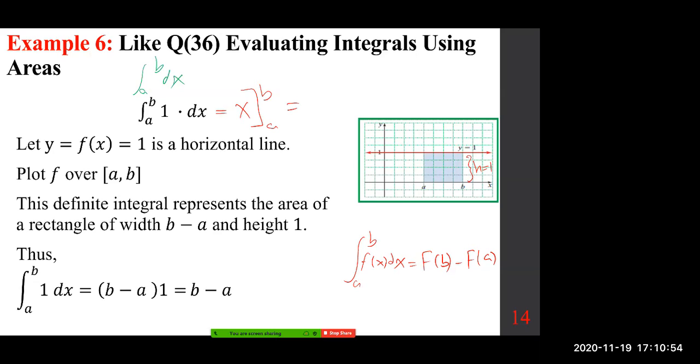If I plug in b minus plug in a, I get the same answer. The idea is the area works because we have a geometric formula for it. This is called FTC, the Fundamental Theorem of Calculus, and that's really representing that it works. I wanted you to see that. We are jumping ahead, but it's worth looking at it.